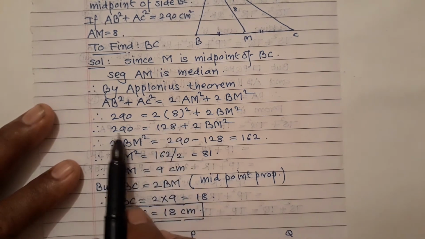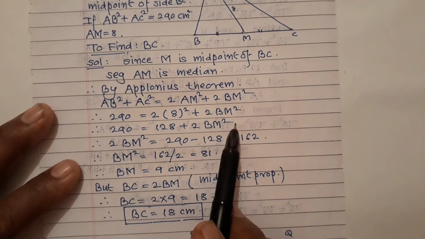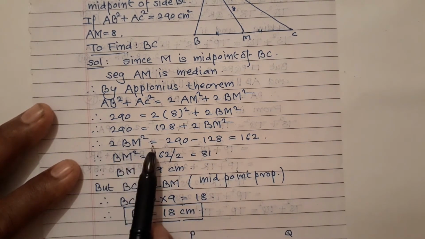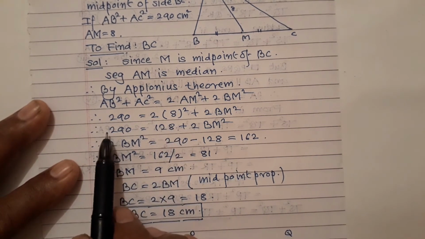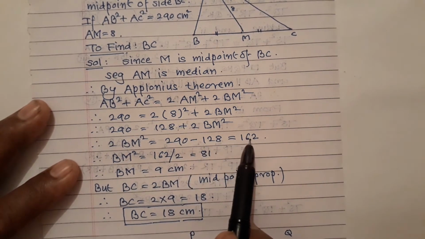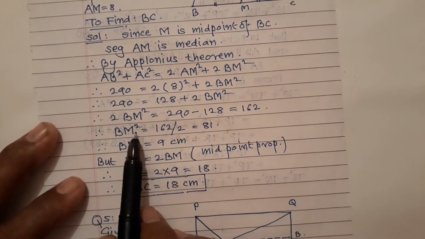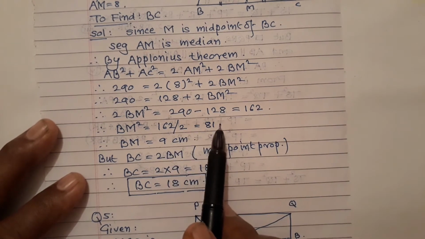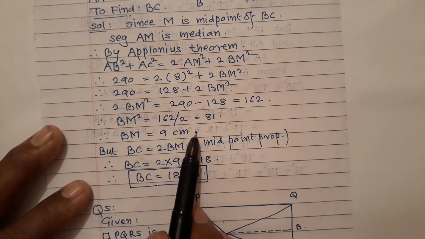Simplify this. 290 is equal to 128 plus 2BM square, and therefore 2BM square is equal to 290 minus 128, which gives 162. So BM square is equal to 162 upon 2, which is 81, and therefore BM is equal to 9 centimeter.